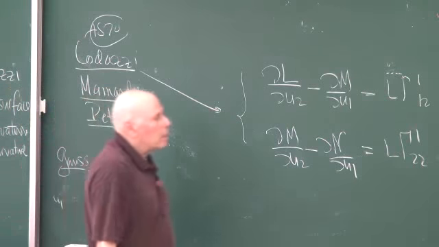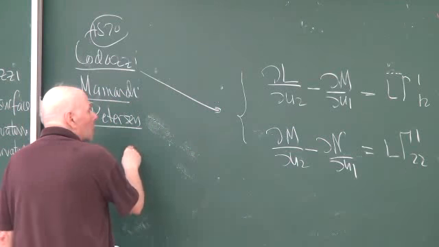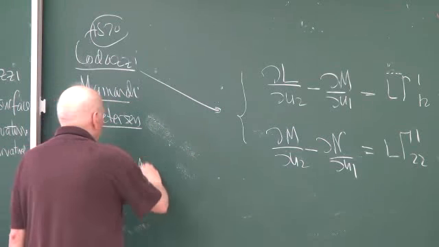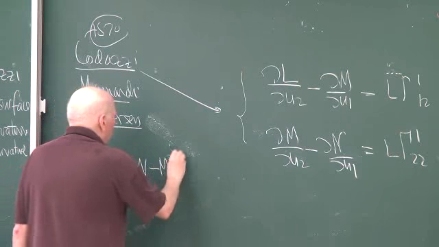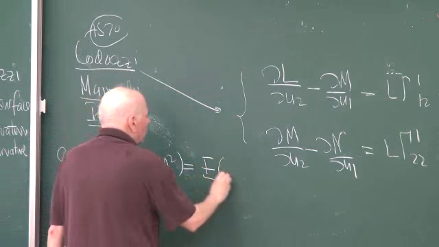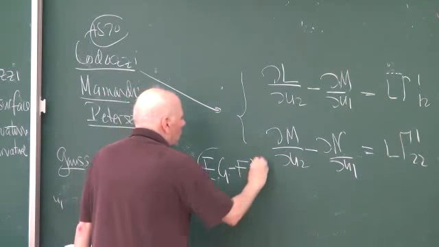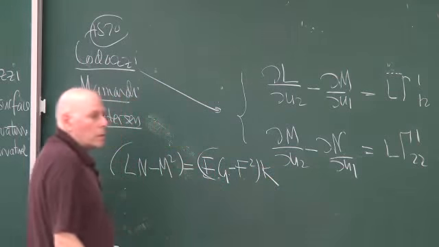Okay? And the Gauss equation was just the determinant of L, which is L n minus m squared, equals the determinant of the metric, E G minus F squared, times the Gauss curvature.